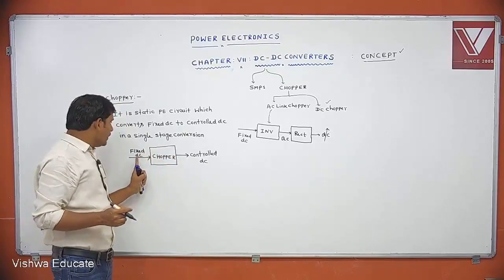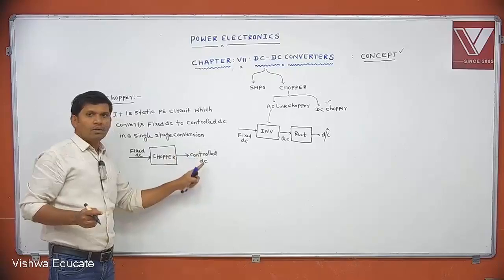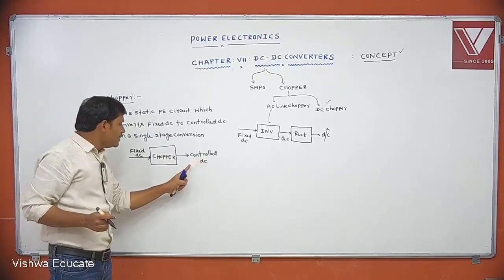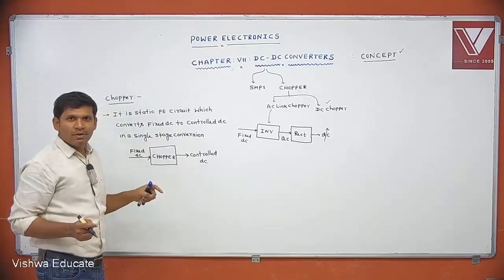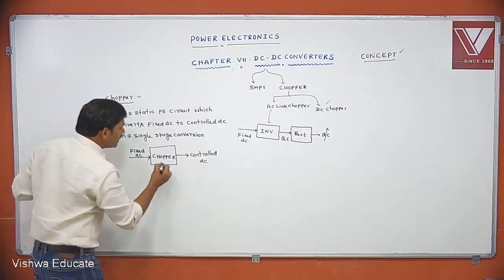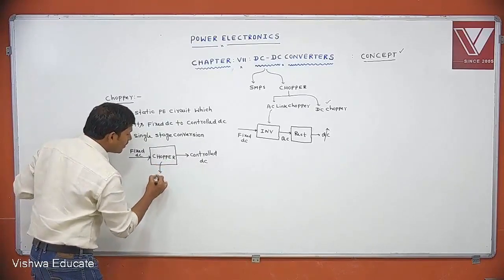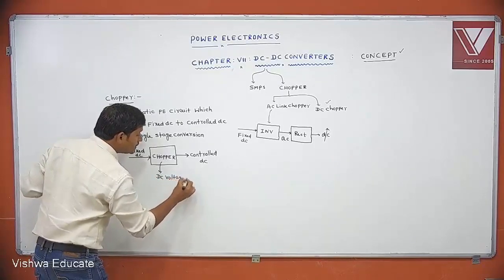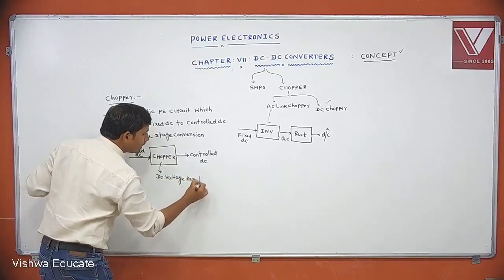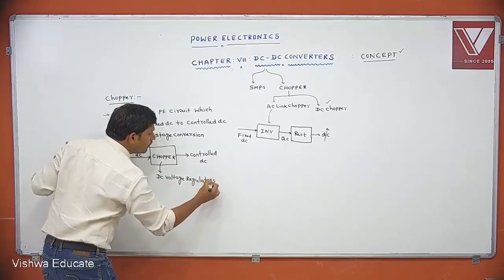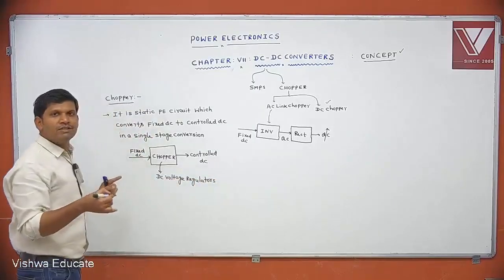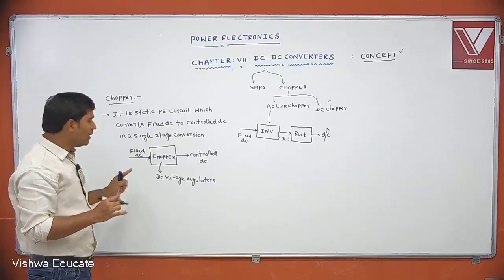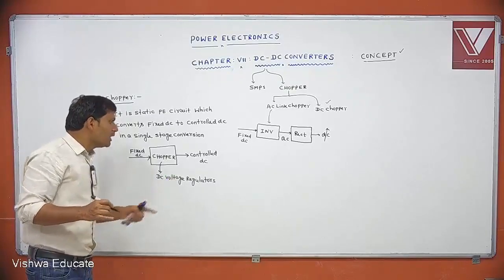We are controlling fixed DC to variable DC or control DC. That's why the chopper is also called a DC voltage regulator. It is not an AC voltage regulator. Because it converts fixed DC to control DC, there is no conversion here, but it is controlling. That's why it is also called a DC voltage regulator.